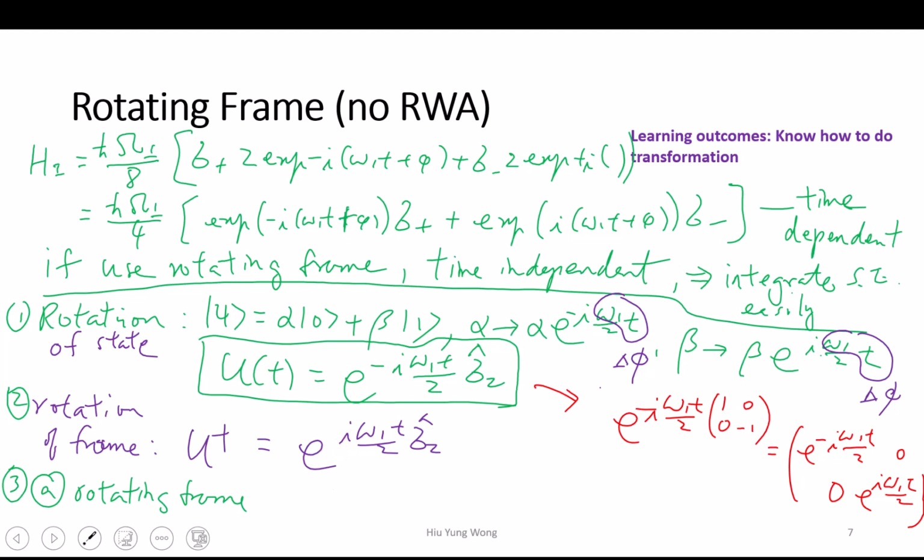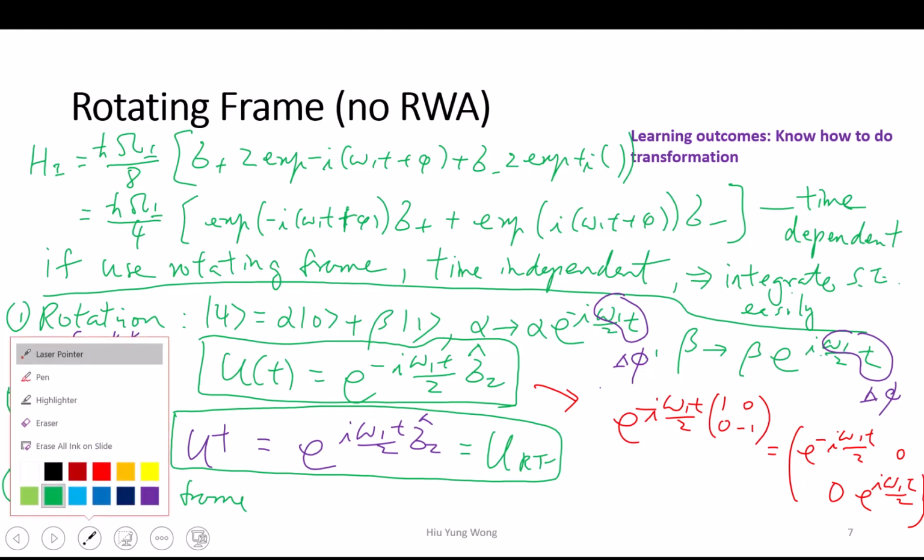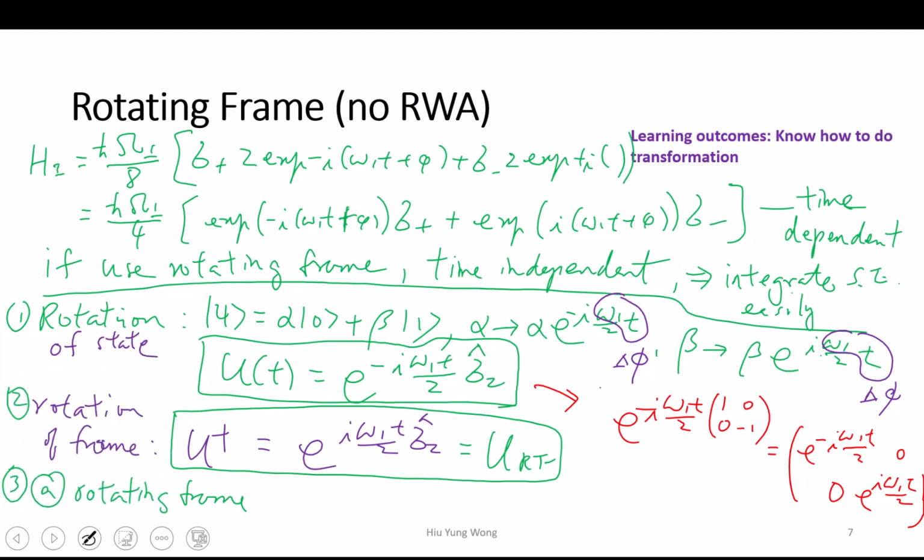Because of this, this is the rotating frame. So we are going to call this U_RF. Okay. So U_RF is the dagger of U. At the rotating frame, how do we get the new states then?